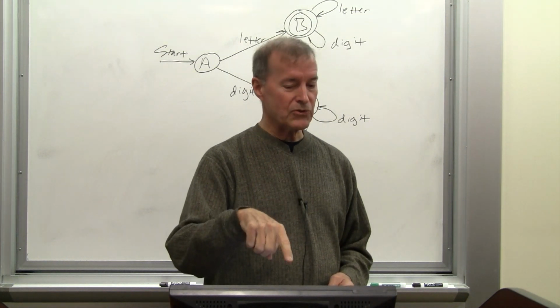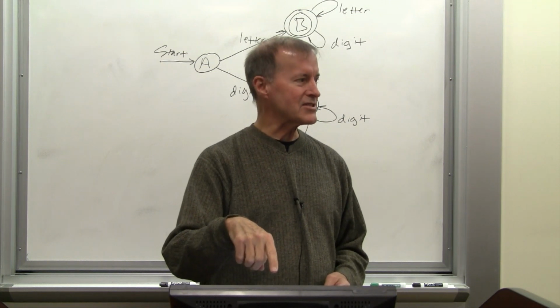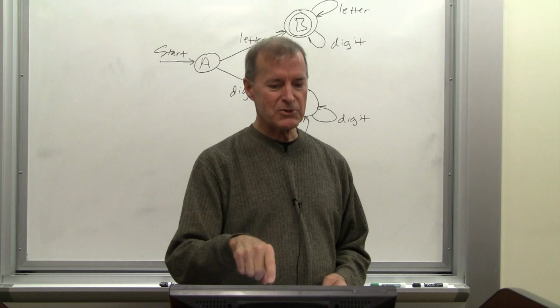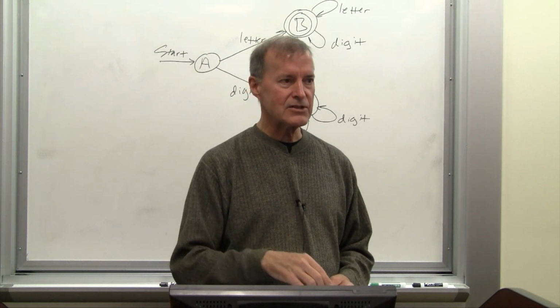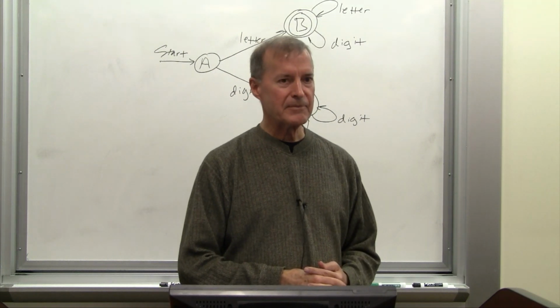And so the reason this has some of the elements that a grammar has is this is the second way to specify a language. And this particular finite state machine specifies the rules for constructing an identifier.